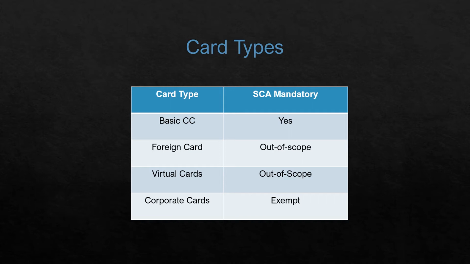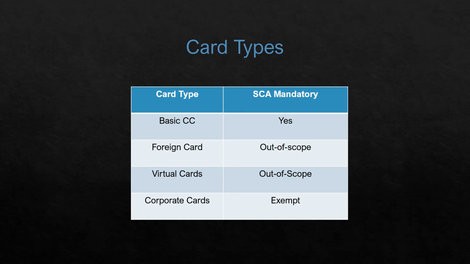Then there are corporate cards. These can again be of any brand, but these are issued under the name of the corporation. The card holder does not hold it under his or her name, so they exist under the name of the corporation.